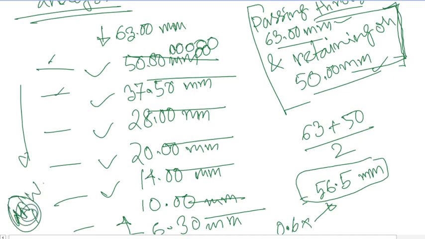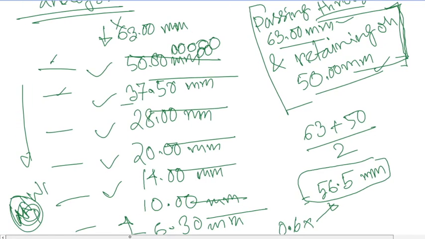W1 is the total weight retained on these sieves, excluding 63 millimeter as it is passing through this, so retaining in all those including 6.3 millimeter, that is W1. And we'll be creating a percentage column for all these sieves as well.